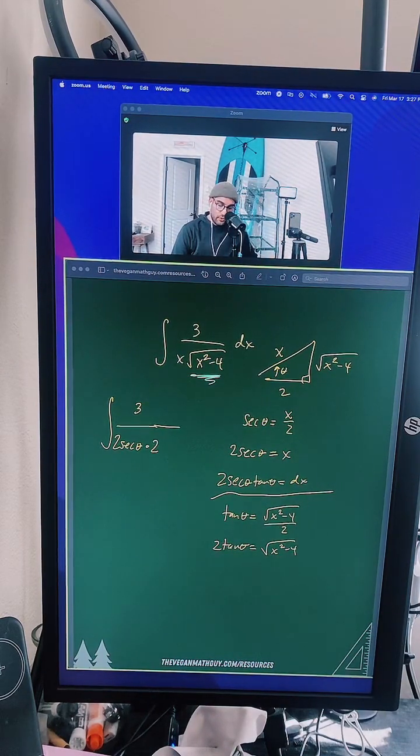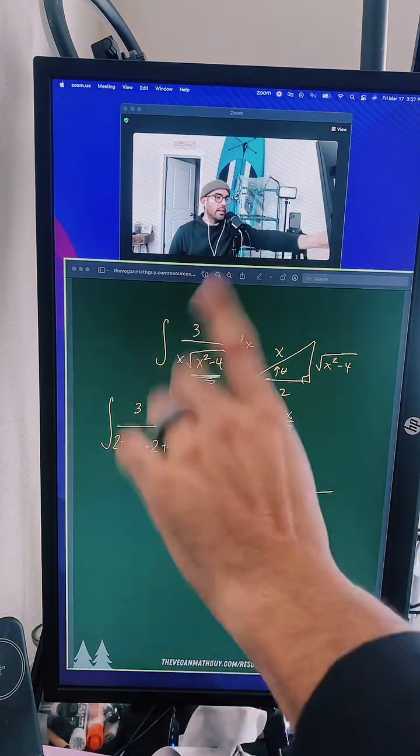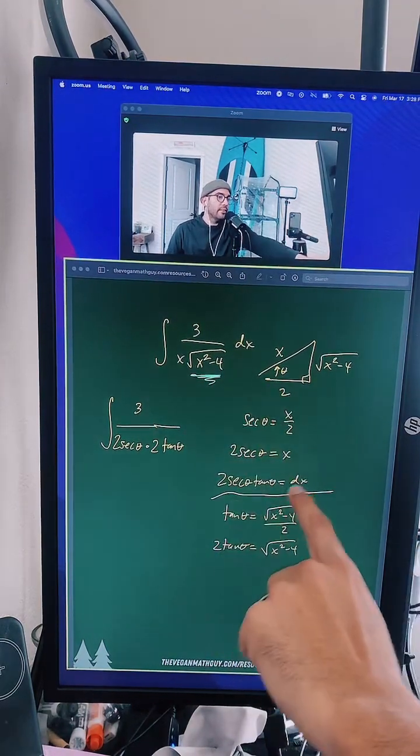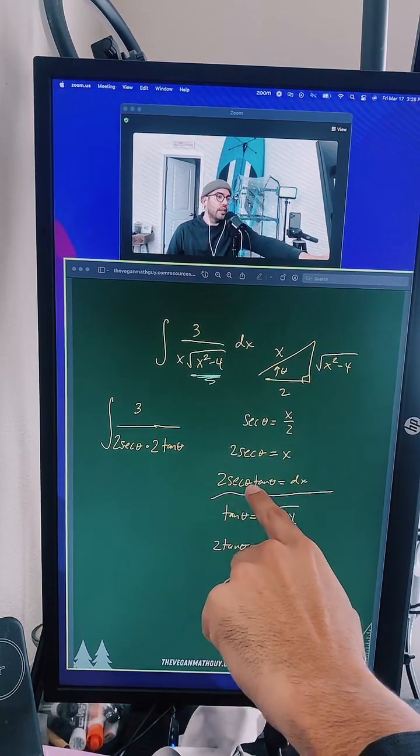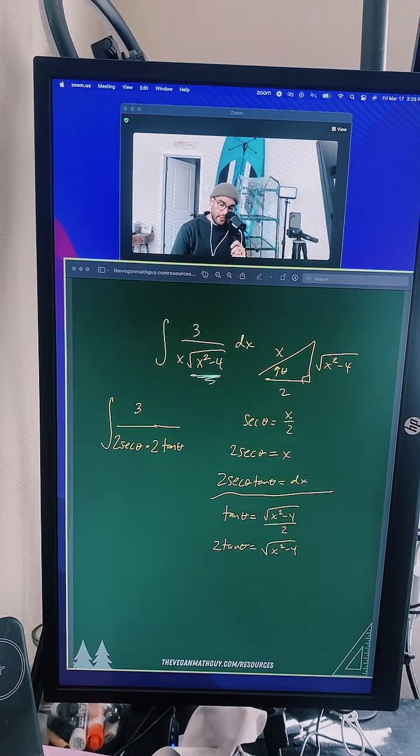And then one thing that I totally forgot is my dx, obviously. I haven't written that. So now I need my dx. That's over here, 2 secant theta tan theta, and there should be a d theta there. So now I'm going to put times 2 secant theta tan theta d theta.